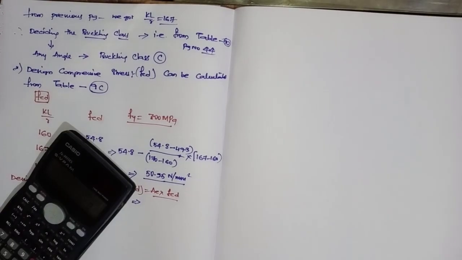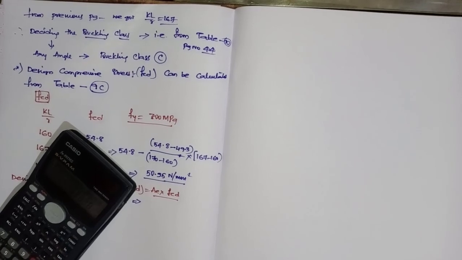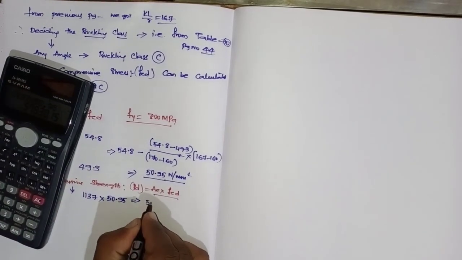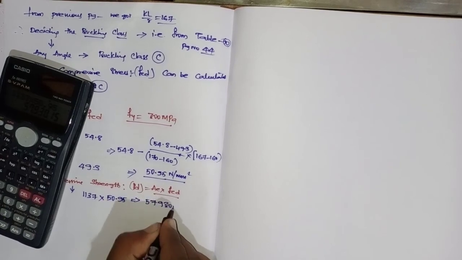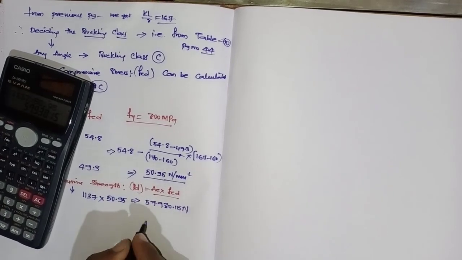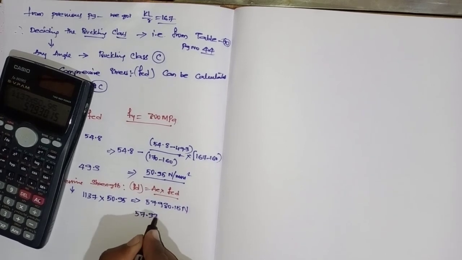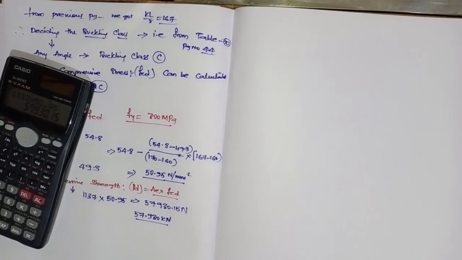So 1137 into 50.95. How much are you getting? 57,930.15 newtons, or 57.930 kilonewtons. I think yes.